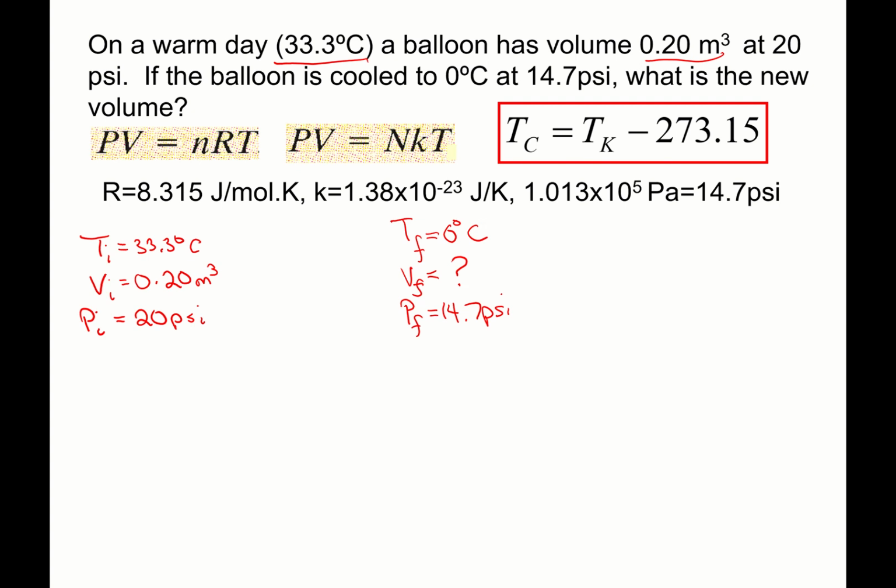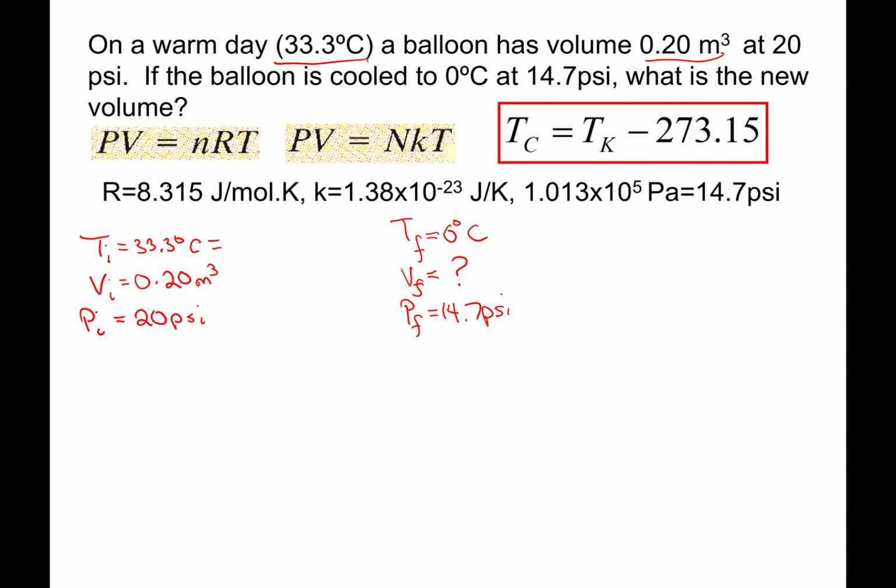Okay, so what do we do? Well, we're going to use PV equals nRT. That's the only equation that we have. But we need to make sure everything's in the right units. So my temperature has to be in Kelvin. So I'm going to convert my temperature to Kelvin by adding 273.15, because T_C is T_K minus 273.